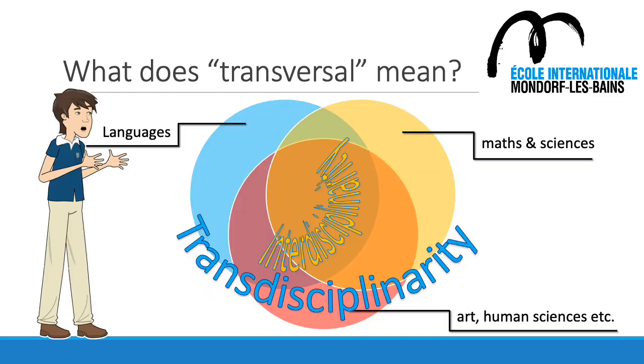Transversal or cross-curricular learning goes beyond the framework of the given academic subjects. In general, its aims and objectives are not fixed in any formal curriculum or program. Therefore, transdisciplinarity even stands outside of what we call interdisciplinary learning.